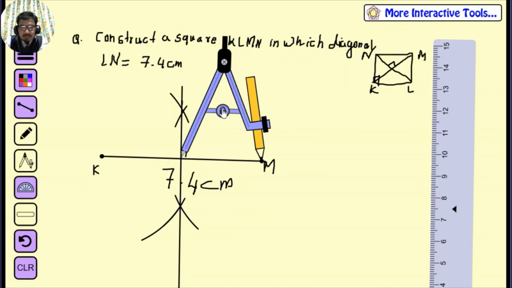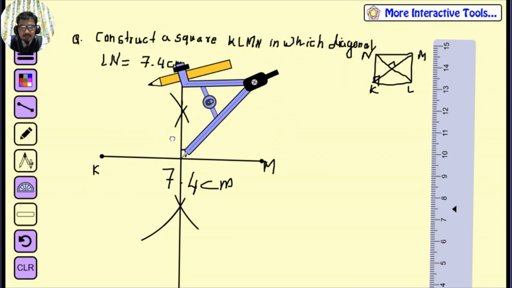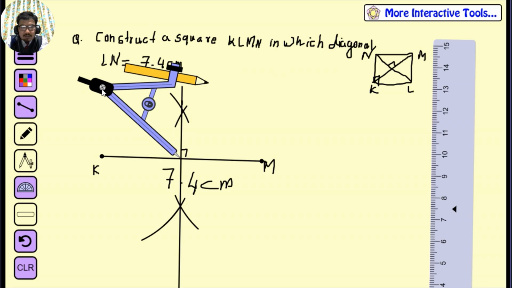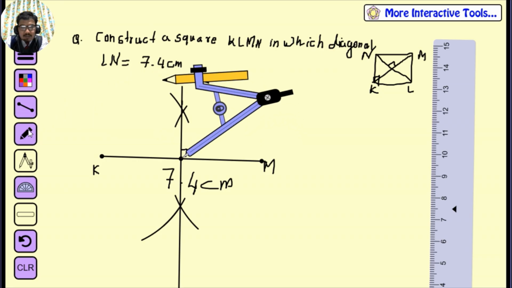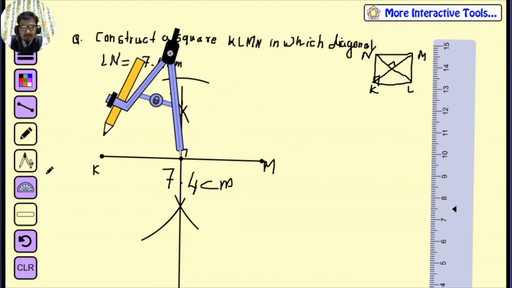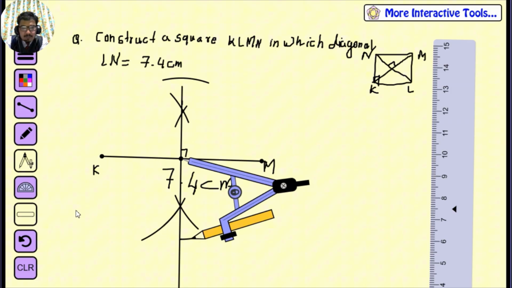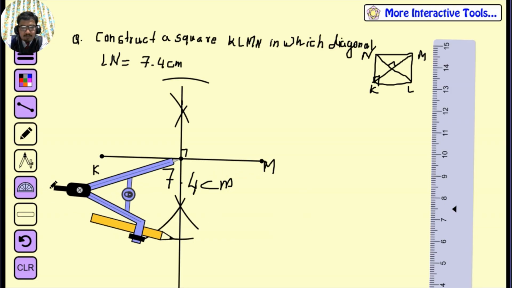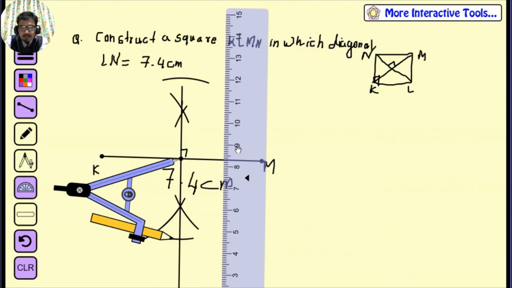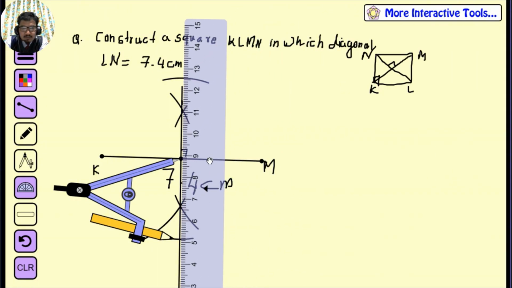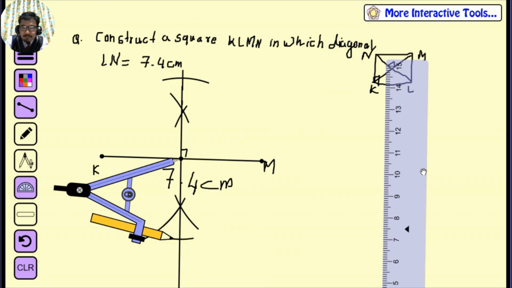The same thing we get up here also, and down also. This is also half of 7.4, right? And the line is not long enough, so we can make the line a little longer here like this, right?